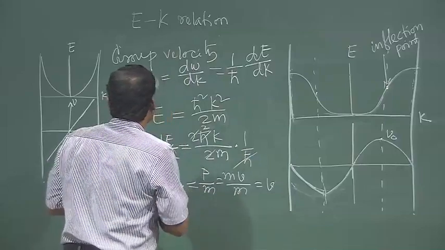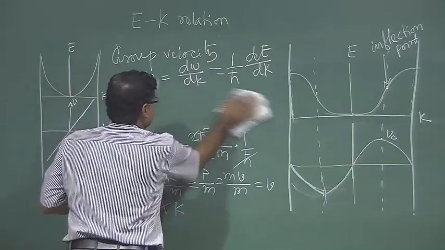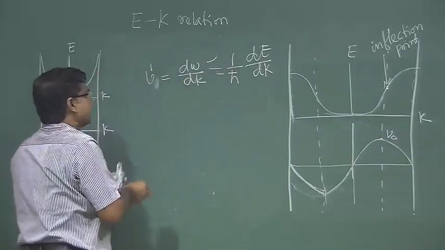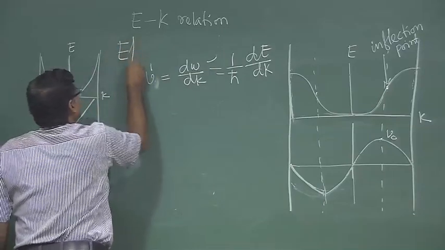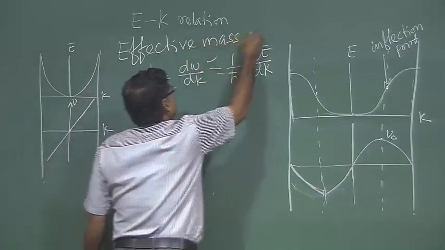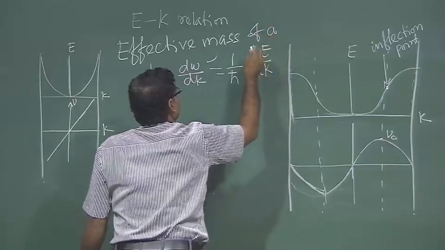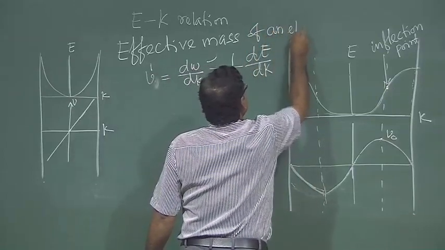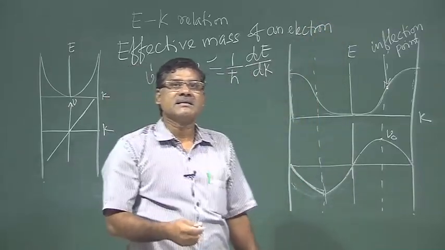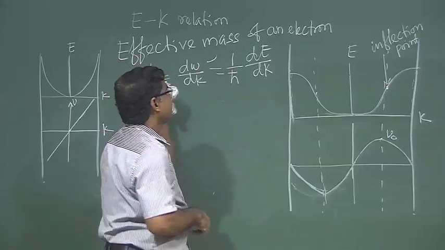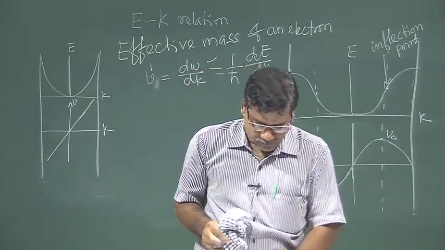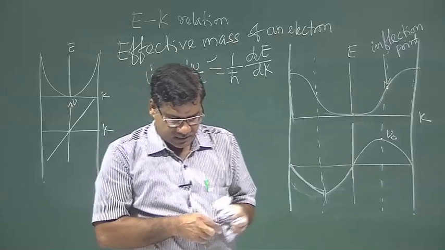So, another very important parameter is the effective mass of an electron when it is in a band. Okay.